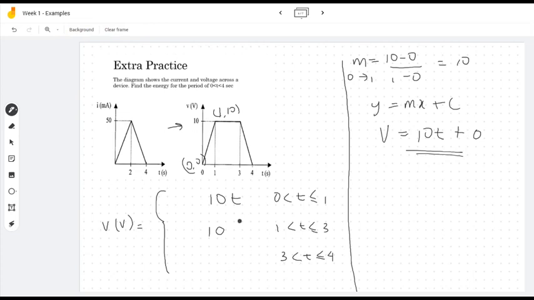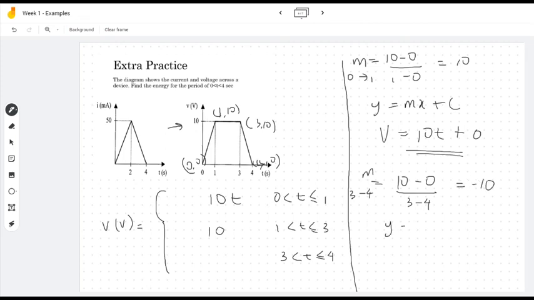The last bit is, you have to get the gradient from 3 to 4. You need to get two coordinates, that's 3, 10 and 4, 0. I'm going to make that one x1, y1, x2, y2. Alright, so oopsie, it's 10 minus 0 over 3 minus 4 gives negative 10.